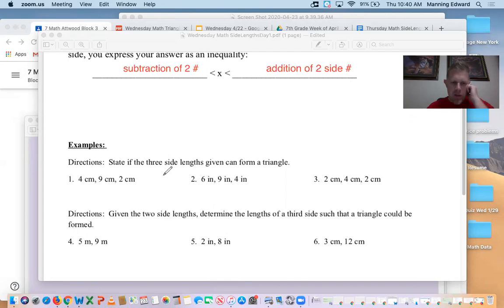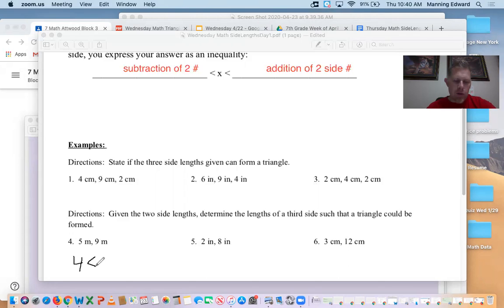All right, determine the length of a third side. It is where you find a range. So for example, if the sides are 5 and 9, I guess I can do this next one. Let's do my smaller number first: 9 minus 5 is 4.